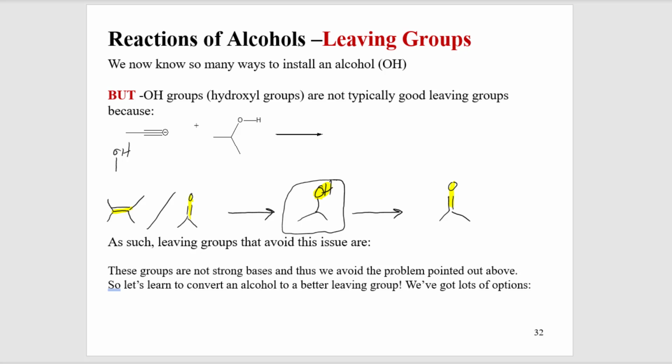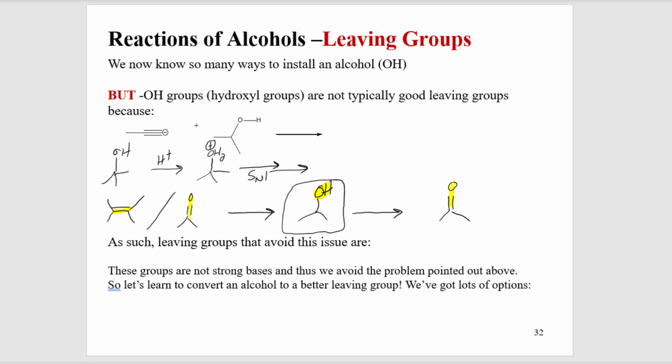We have used alcohols under acidic conditions, acid-base chemistry, to protonate them and make them into better leaving groups, and then basically do SN1 chemistry on them. So we've seen this chemistry before.